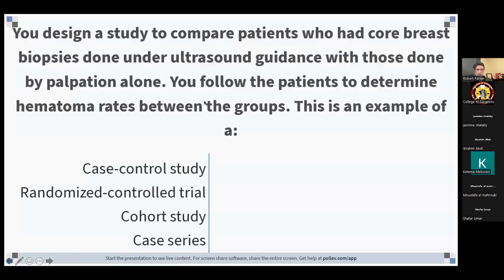They underwent that exposure, and now you're following them to see if they develop the outcome. That's a cohort study. If the question had said, we flipped a coin and some participants had it done with ultrasound and others had it done by palpation alone, that could have become a randomized controlled trial, but that's not what the question said.